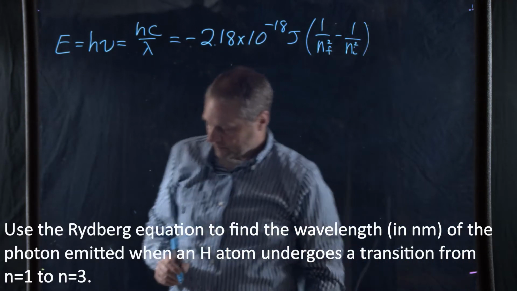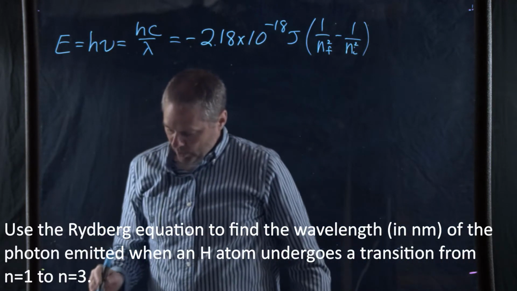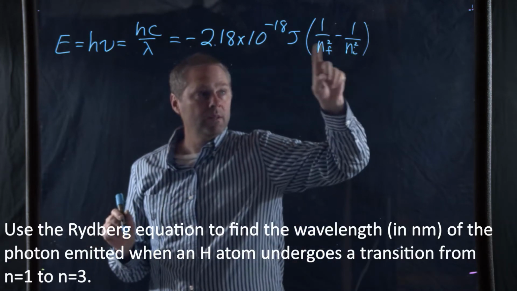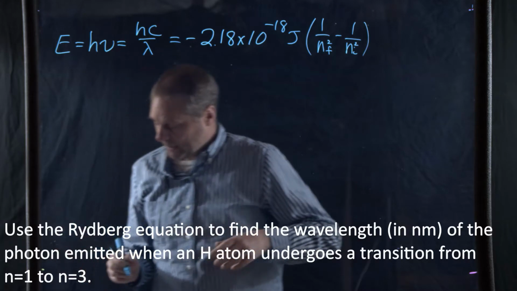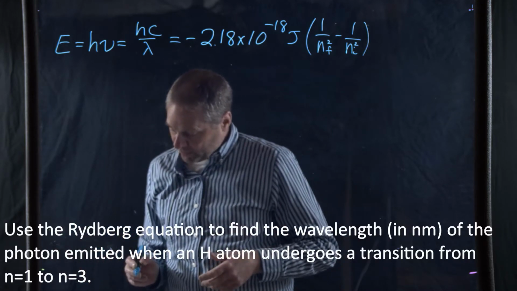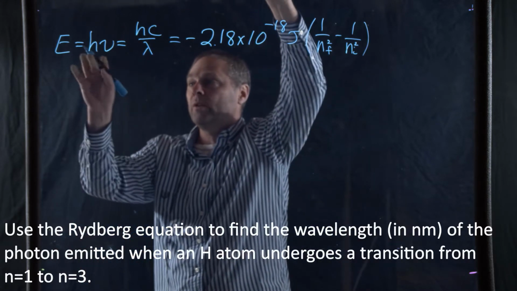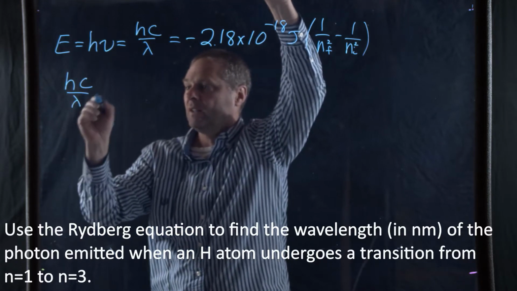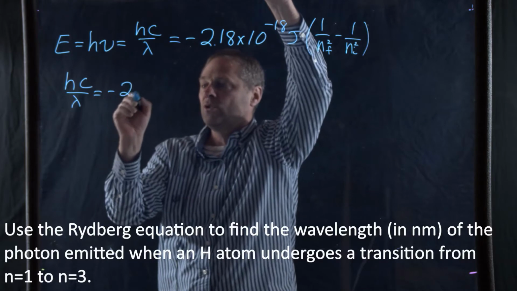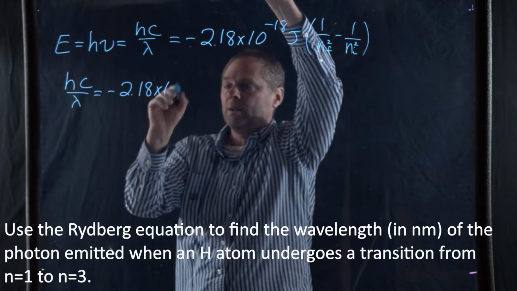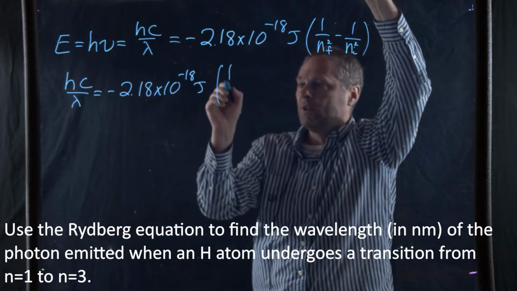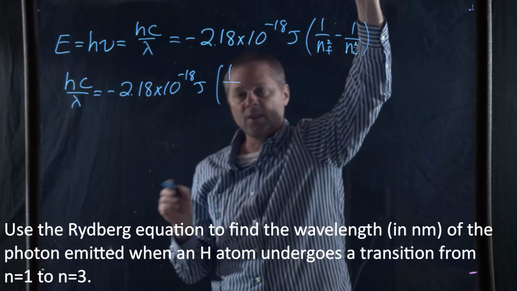All right. Now what we know is that the transition is from 1 to 3. Okay, so let's write this out. What we're ultimately looking for is the wavelength, so we don't need to worry so much about the energy. We're just going to write this as hc upon lambda is equal to a negative 2.18 times 10 to the negative 18th joules times 1 over 3 squared minus 1 over 1 squared, since the final state is the third state.